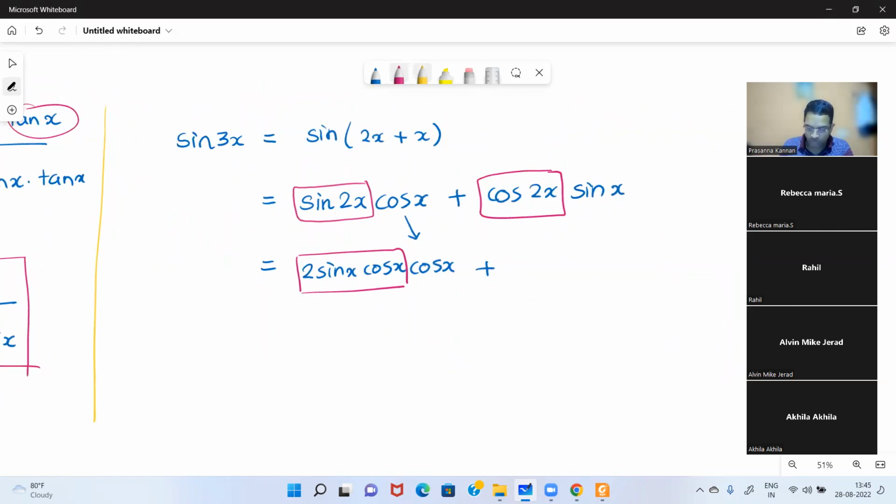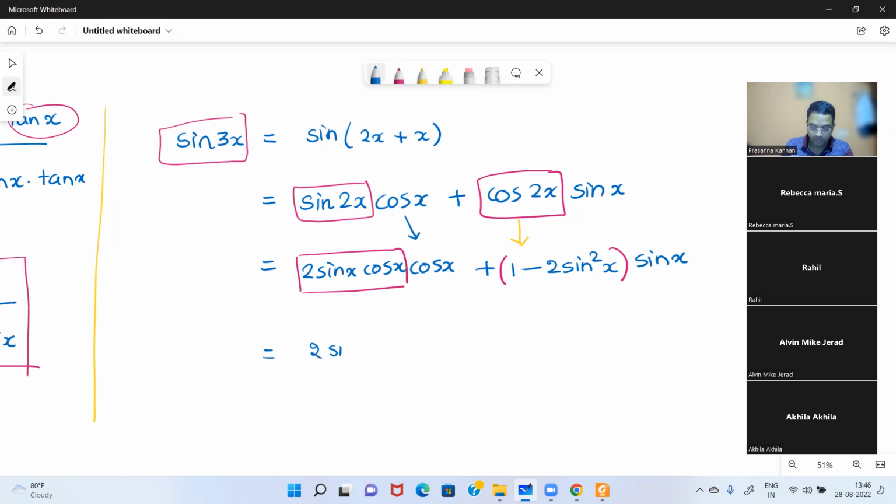Why am I using 1 minus 2 sin square x? Because the question is about sin 3x, and all answers we must get in terms of the sine function. That is why I have used cos 2x as 1 minus 2 sin square x. Got it?